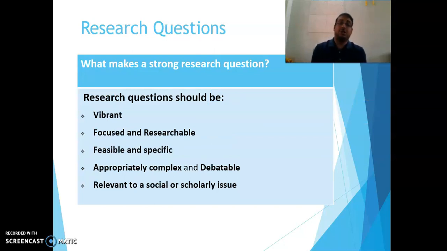Then let's talk about how to formulate a research question. What is a research question? The research question is one of the most important parts of your research paper, thesis or dissertation.